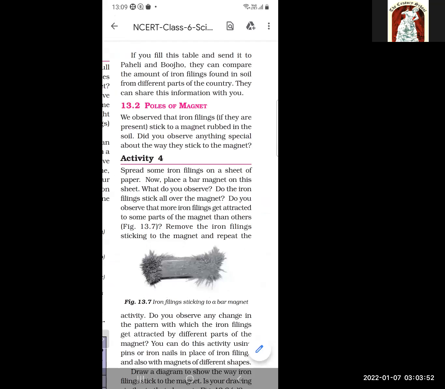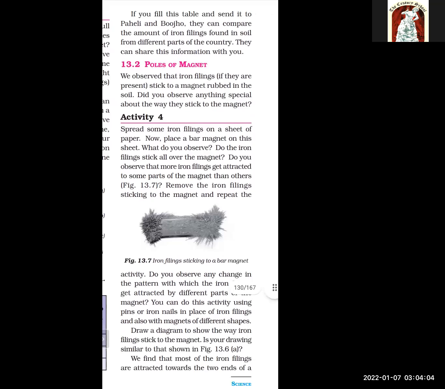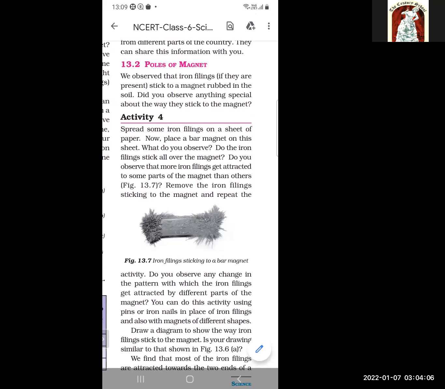A magnet has two poles. First is North Pole and second is South Pole. Iron filings stick to a bar magnet, as shown in figure 13.7.